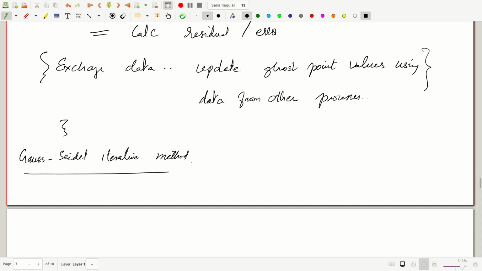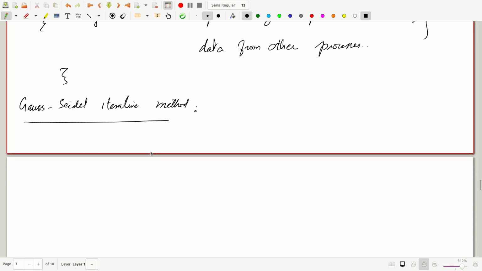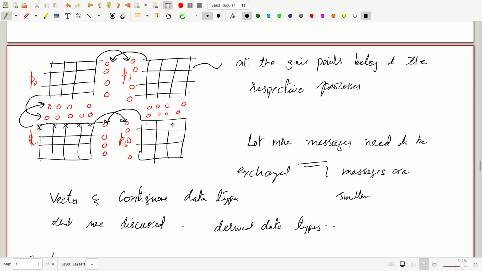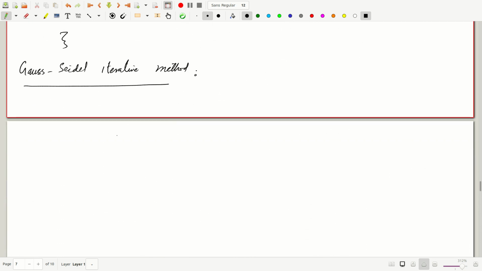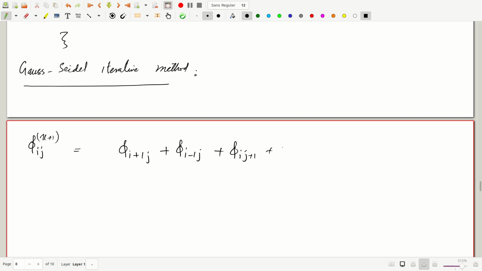Okay, so the Gauss Seidel iterative method is kind of similar to the Jacobi method, but then we realize that when we are updating the phi values, some of the phi values are already updated, so why not make use of that? That is probably a good idea, but it is not a very good idea when it comes to parallelization, because you want to update phi ij at k plus 1, you have phi i plus 1 j plus phi i minus 1 j plus phi ij plus 1 plus phi ij minus 1 minus delta square fij, divided by 4, right?